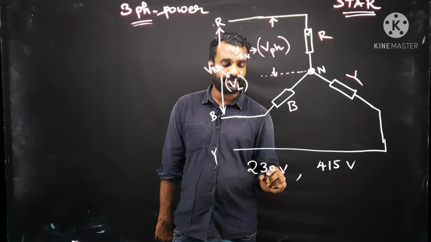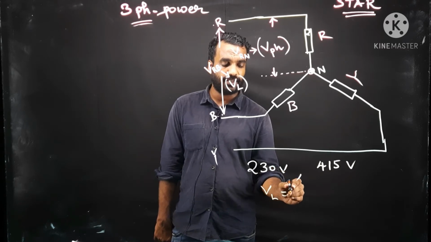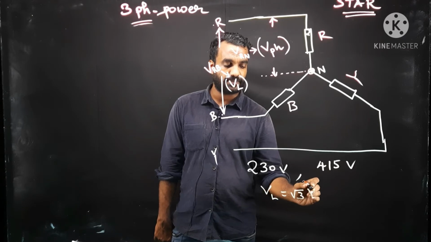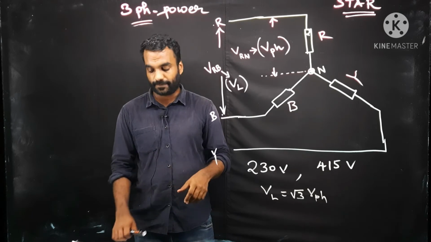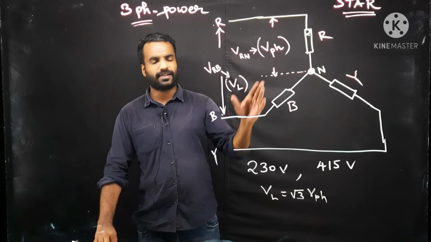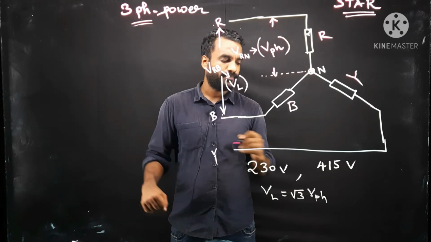And what is the relation? V line is equal to √3 into V phase. In case of star connection, that is important. Because in the figure itself you can see line voltage and phase voltage are different in star.